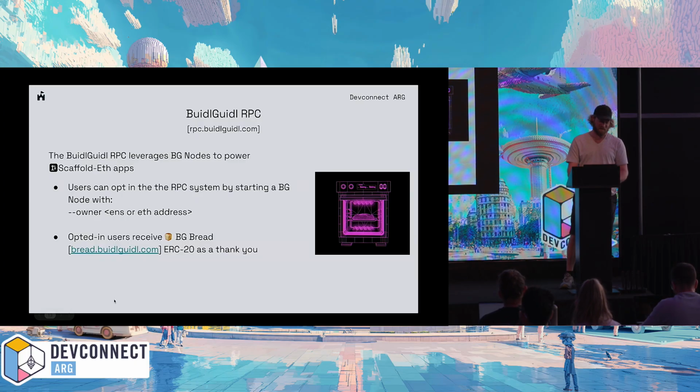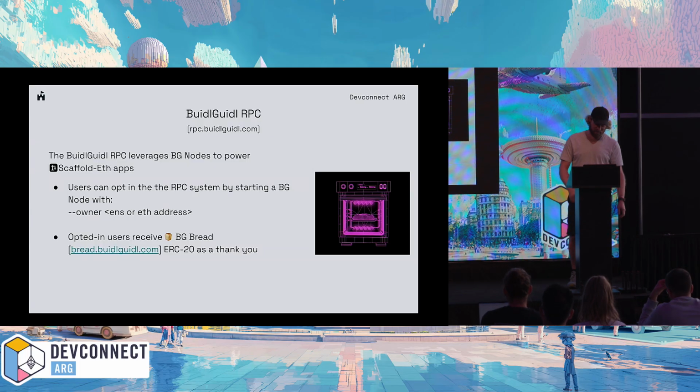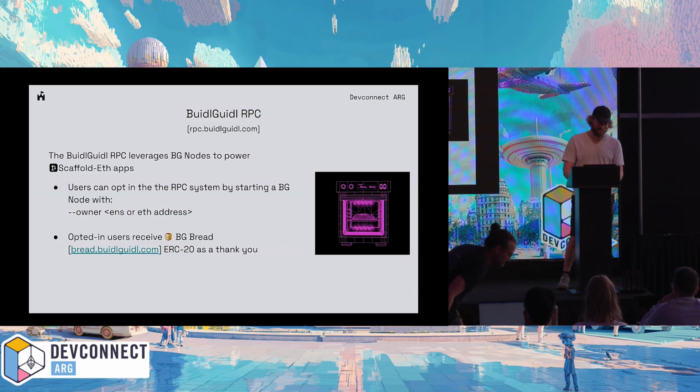All you got to do is set an owner flag, and good to go. And in return, people opted into the RPC will get an ERC20 called BuidlGuidl Bread. It's not worth anything, but it's a super complex point system. But that option is there.